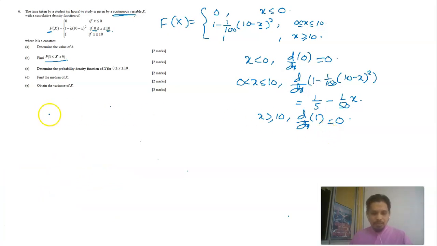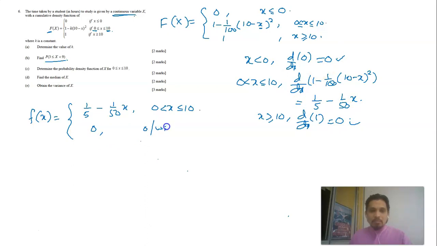Okay, so for the function f(x) here now, it is 1 over 5 minus 1 over 50 x for x between 0 and 10. And since we have 0 and 0, that means it is 0 otherwise.